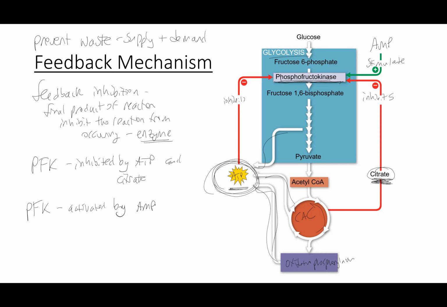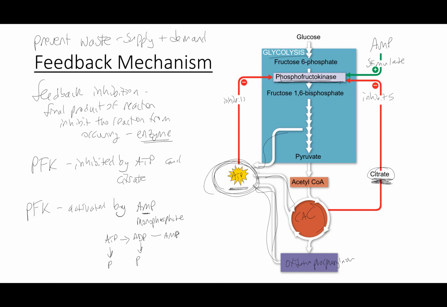We know ATP is adenosine triphosphate, and ADP is adenosine diphosphate. So this is adenosine monophosphate. So we have ATP, and we remove a phosphate group, we get ADP. If we remove another phosphate group, we get AMP.